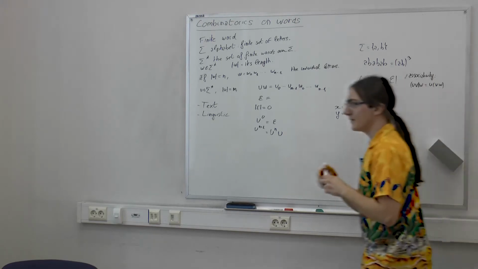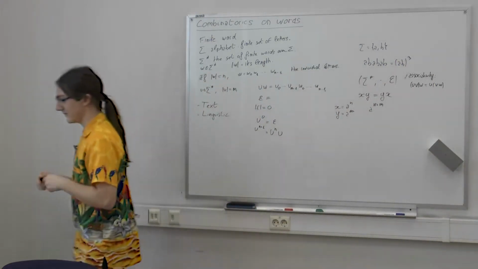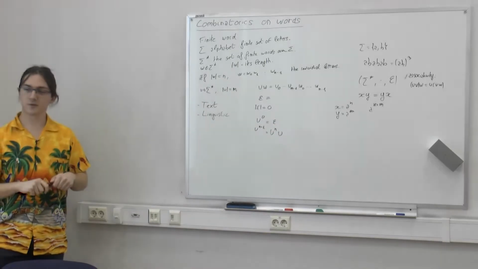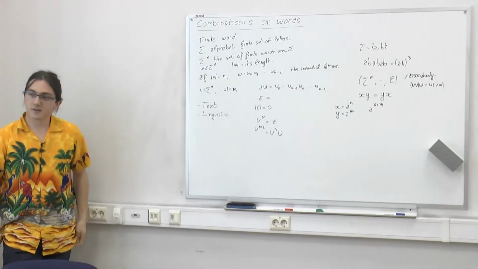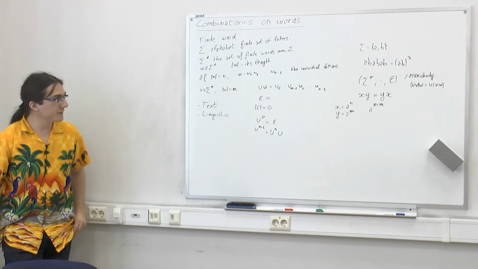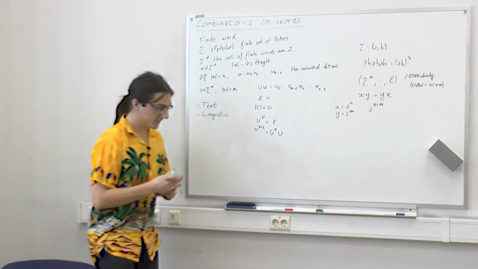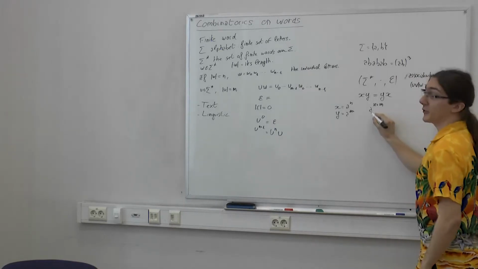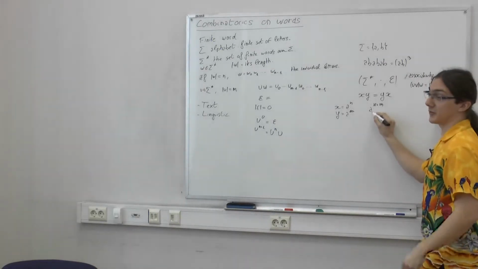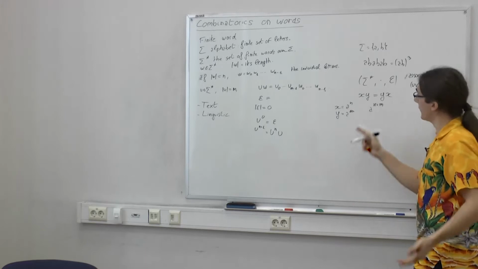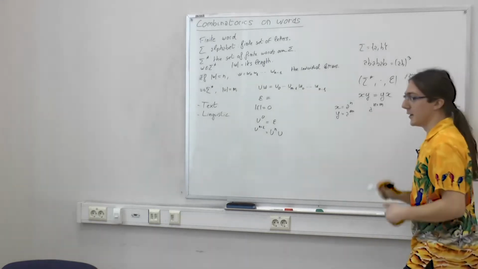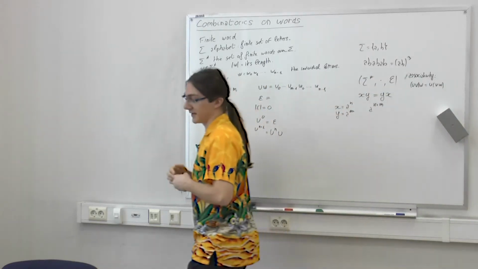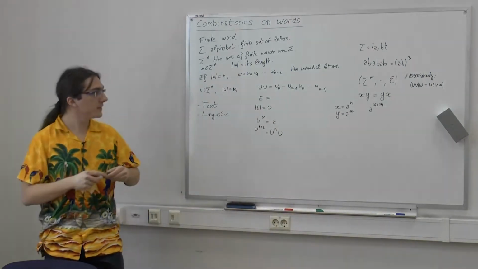And not just with a letter: any word to some power. So basically you replace a, which is a single letter, by any word u, and you have exactly the same reasoning here.